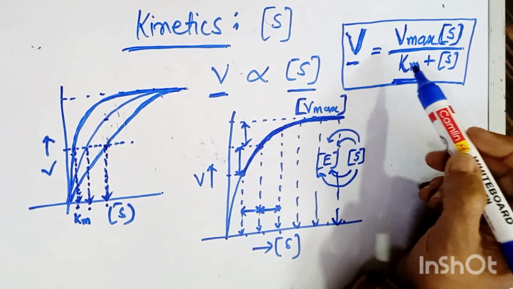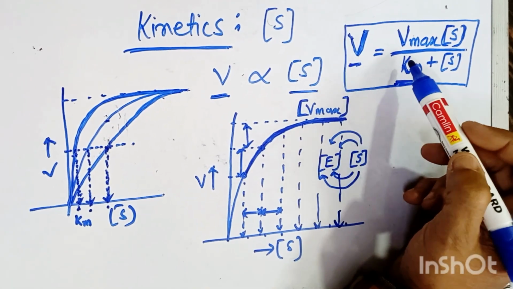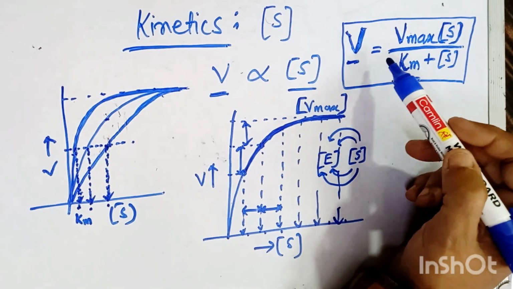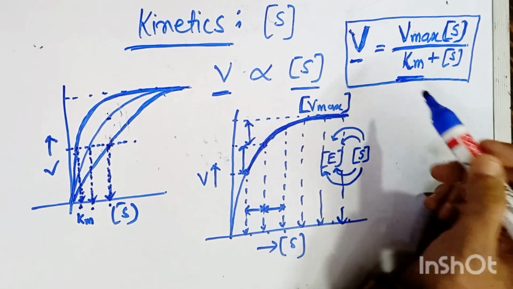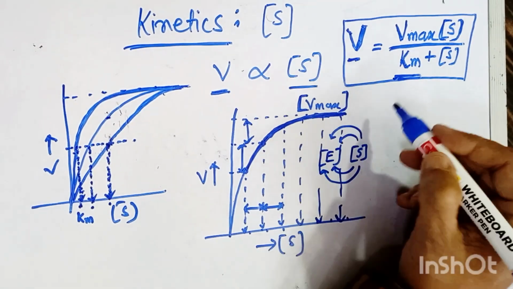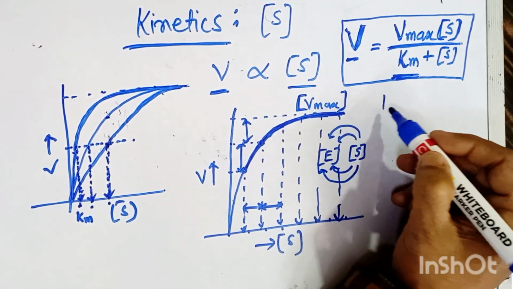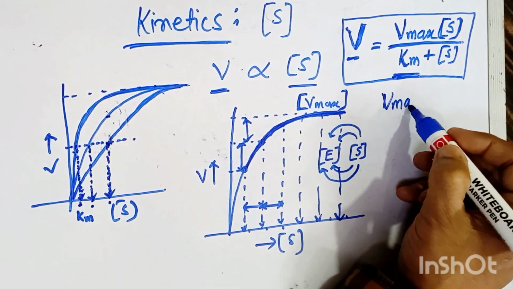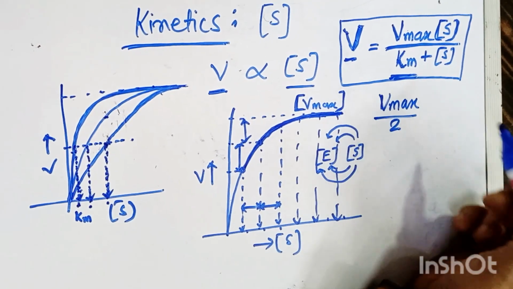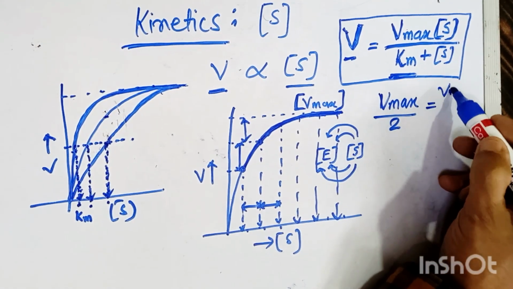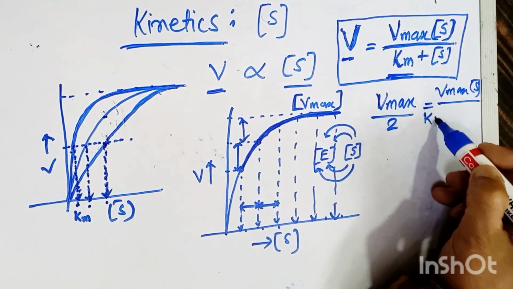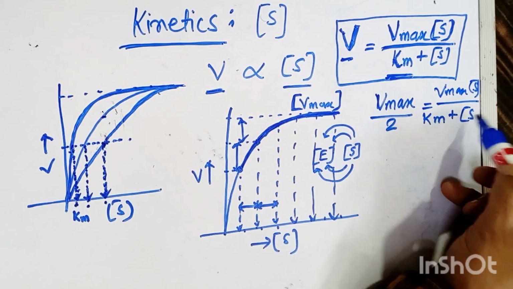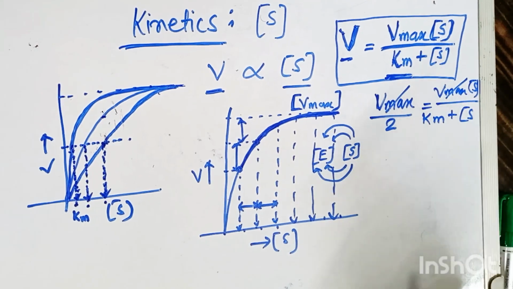So here, if we just put the value of Km as half of maximum velocity, if we replace the velocity value at Vmax by 2, this velocity is equal to Vmax S by Km plus S. So Vmax and Vmax get cancelled.